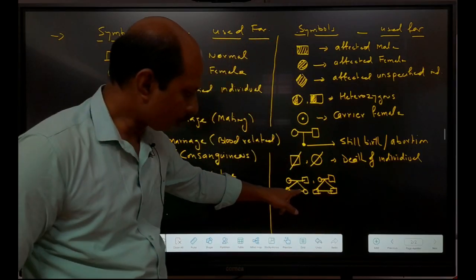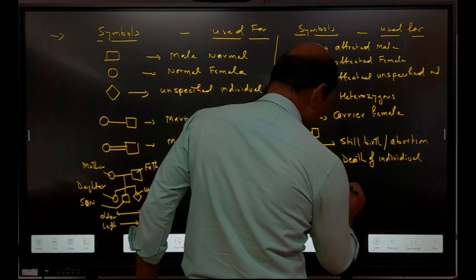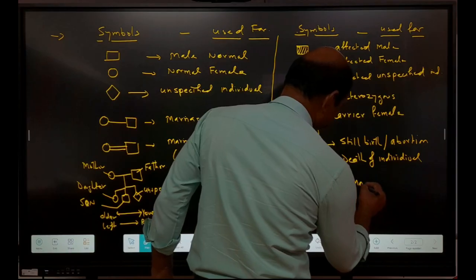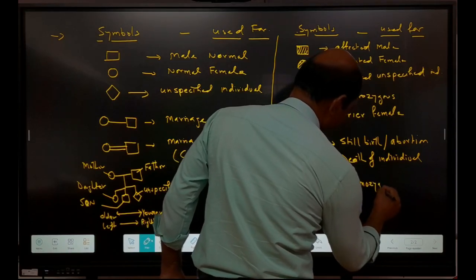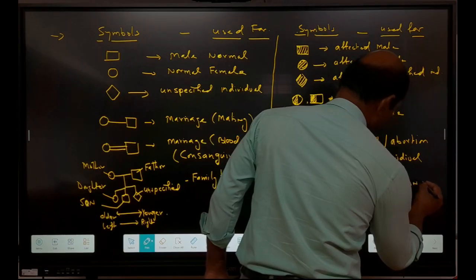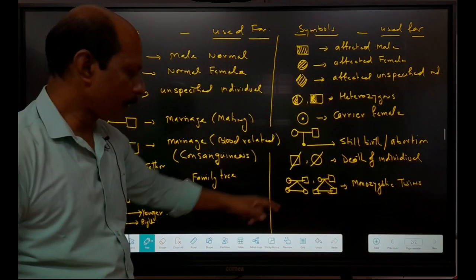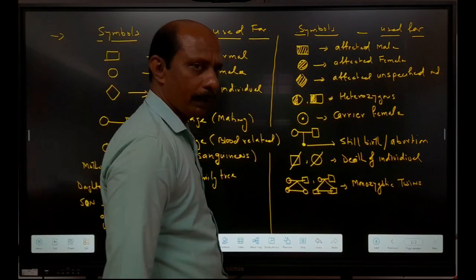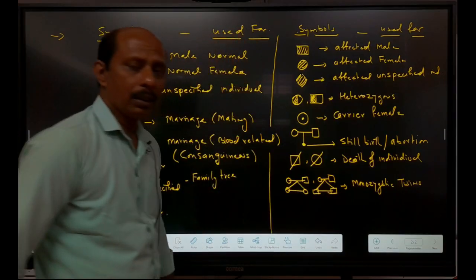If this line is also present, then this is the symbol of monozygotic twins, right? First, they are monozygotic females and these are monozygotic males, right?